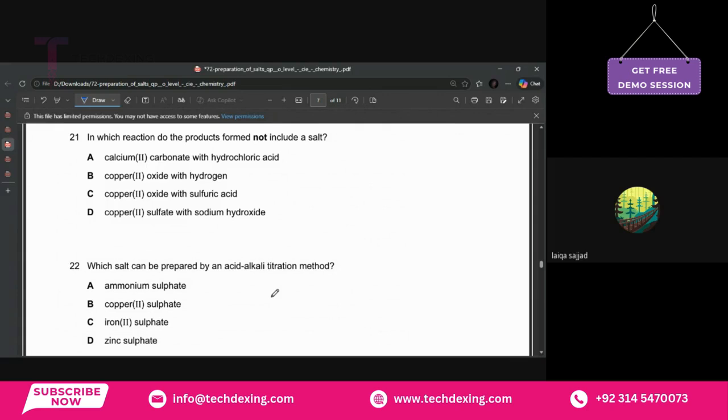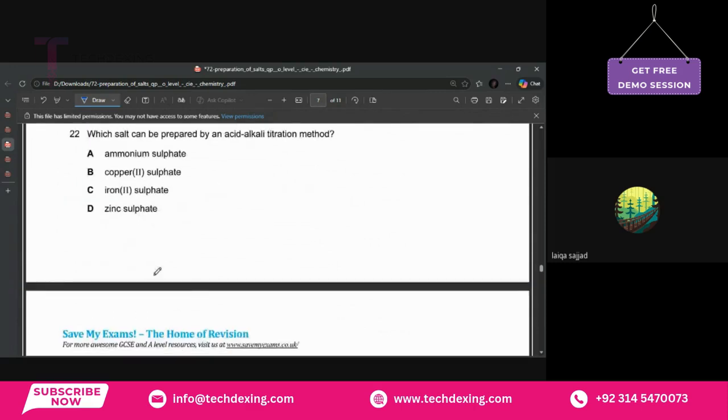Copper oxide with hydrogen, option B. Very good, excellent. What would be the products? It would be pure copper metal and water. Very good. There will be no salt formed. In all the other options, we will get a salt.